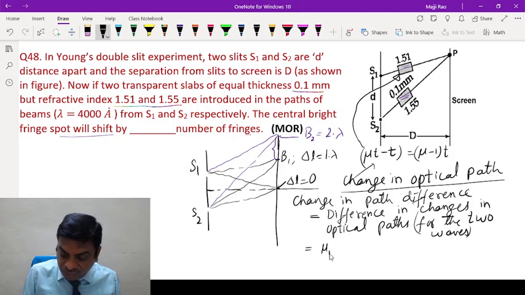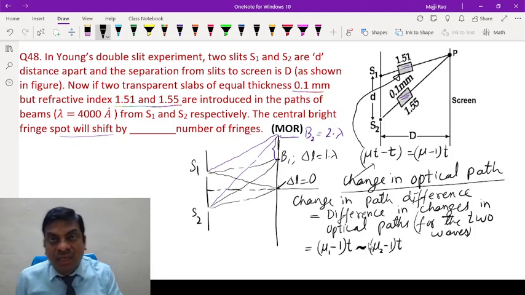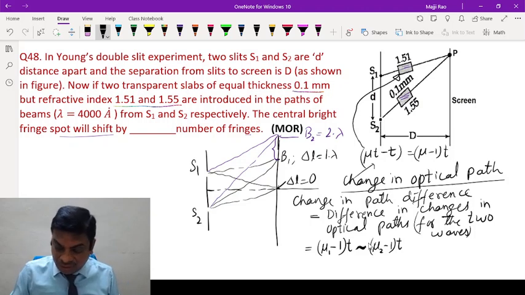For the first one it is mu1 minus 1 into t. For the second it is mu2 minus 1 into t. So we have to obtain the difference, students. Whichever is larger, from the larger we have to deduct the smaller. So finally you have the difference between the refractive indices multiplied by thickness.